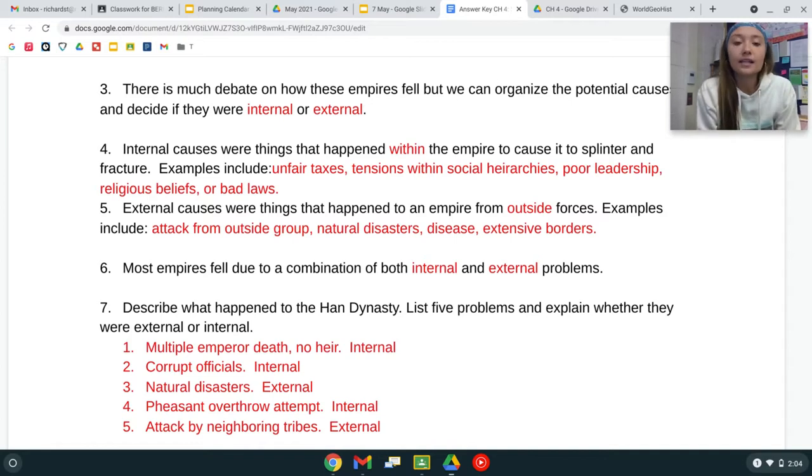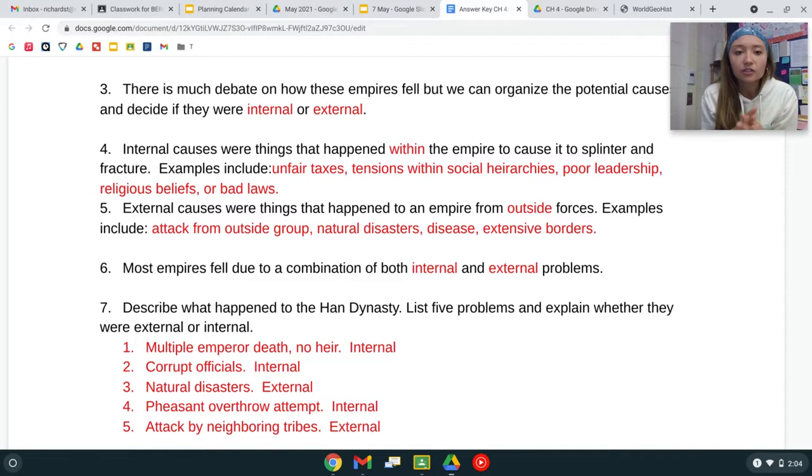This is important because you have a question at the bottom that talks about this. So 4, internal causes were things that happened within the empire and caused it to splinter and fracture. These are things that happened on the inside of the empire, within the borders of the empire. Examples would be unfair taxes, tensions within social hierarchies, poor leadership, religious beliefs, or bad laws, bad policies.